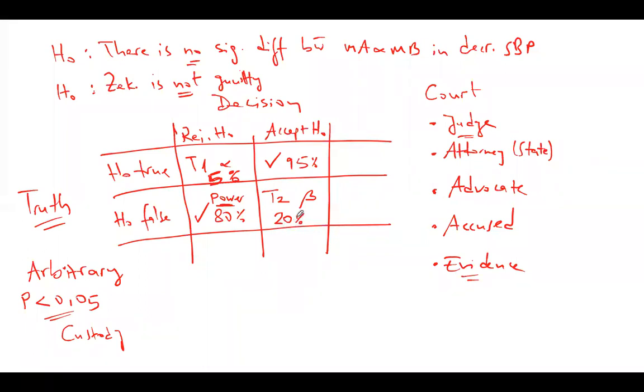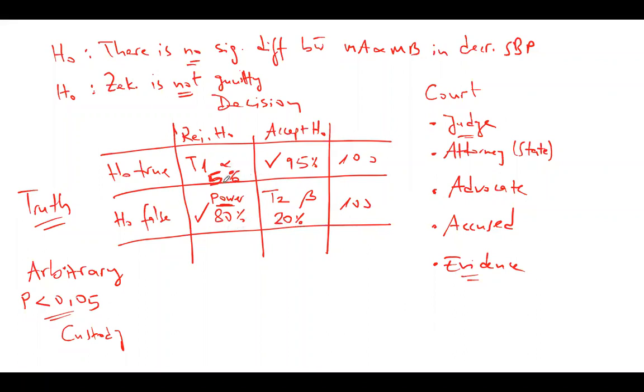If you increase the beta error, what will happen with the power? The power will decrease. If you have 30%, then this will be 70%, because it has to be 100. There is an inverse relationship.